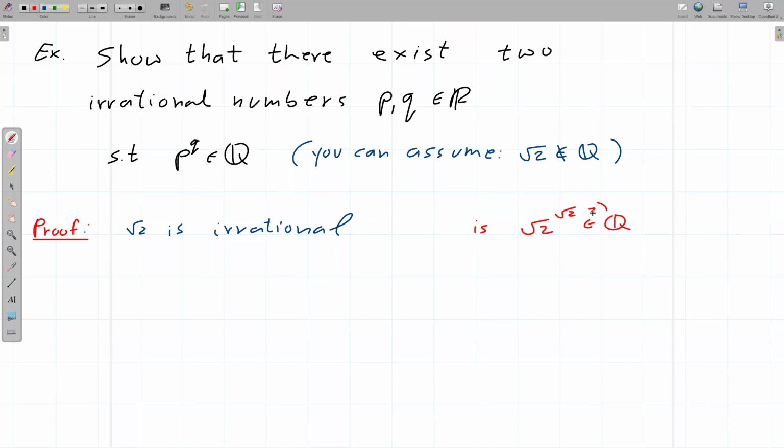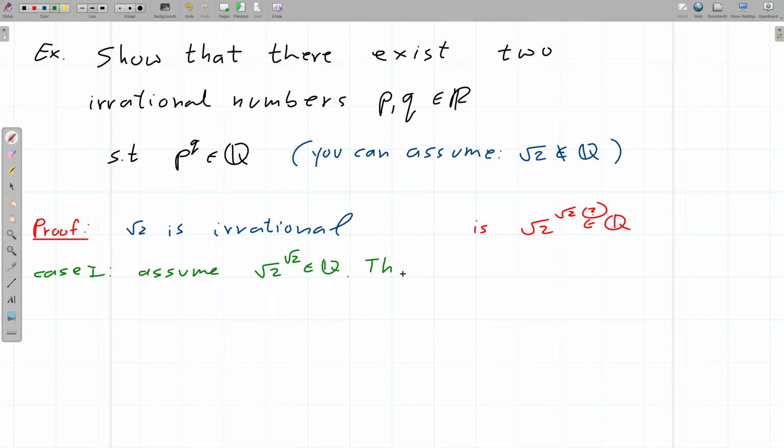We don't know this. So we have to split our proof to two cases. Case 1, assume the square root of 2 to the square root of 2 is rational. In this case, we are done. We have found two numbers.